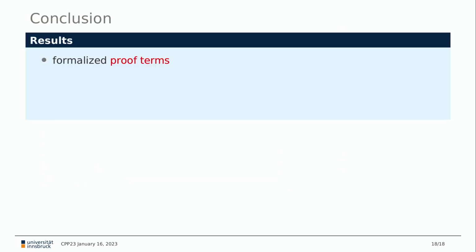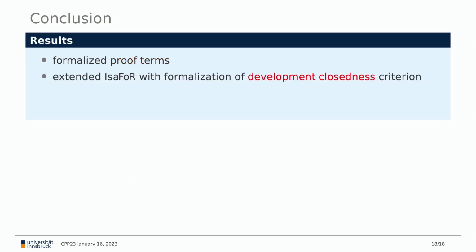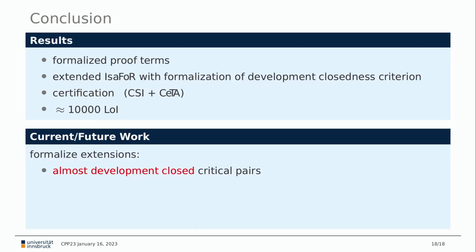So to conclude, we formalized some theory about proof terms in Isabelle. We also extended the existing library with this development closeness criterion, and we obtained the extended certification. This took about 10,000 lines of Isabelle code, so quite a lot. And there's some future work, or current work, actually this item is done by now.